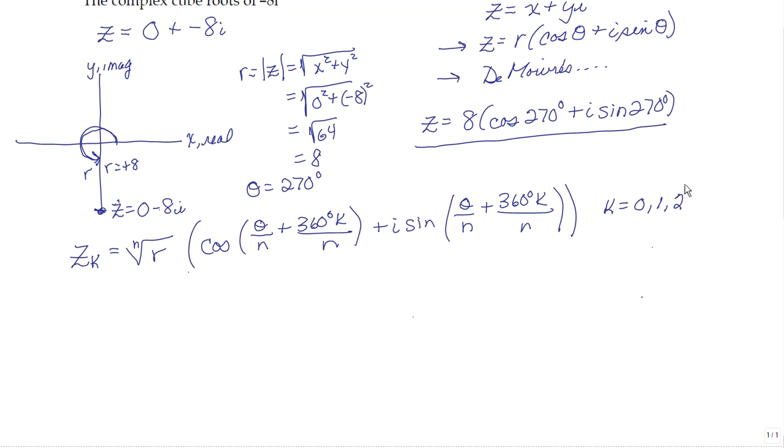Because we are finding the cube roots, there will be 3 unique complex roots, and we're going to find them by applying k is 0, k is 1, and k is 2.